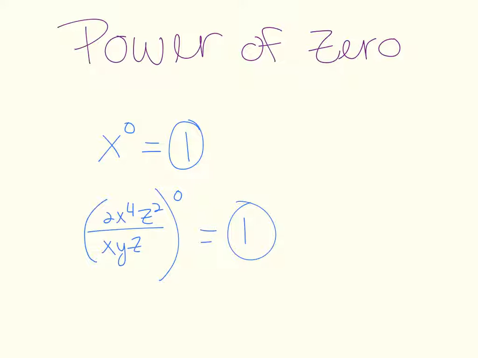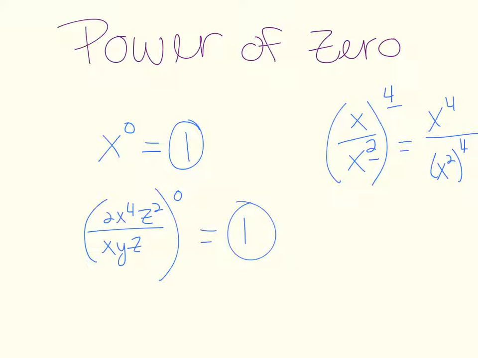Another thing about quotients, which I forgot to mention before: if you have something that's being divided, like x over x squared, and it's raised to a power, that power goes with both parts of your fraction. So this is really the same thing as x to the 4th over x squared to the 4th power.